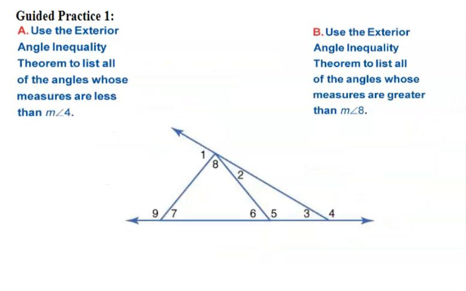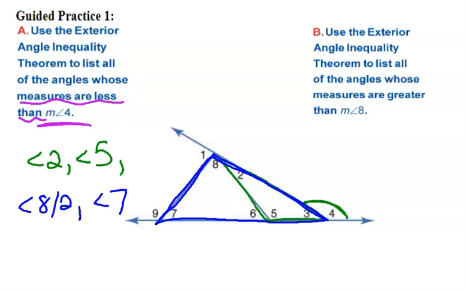Now let's try this again. I want you to find angle 4. Determine if it is an exterior angle or an interior angle, and find the angles that are less than angle 4. Angle 4 is an exterior angle to what remote corresponding angles on the inside?